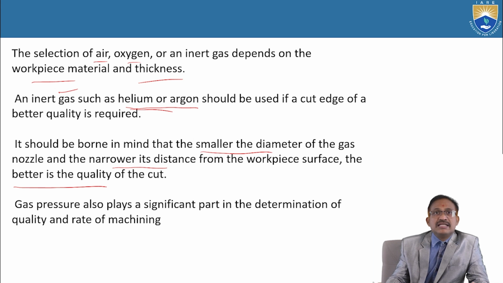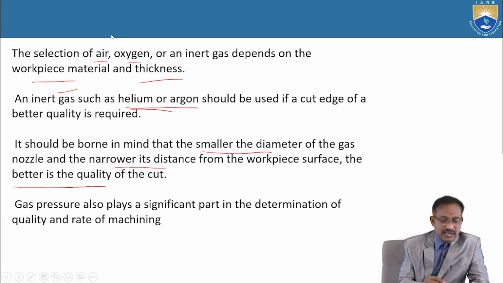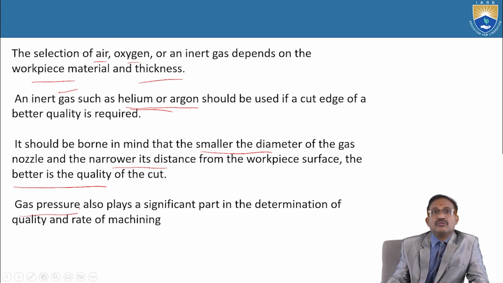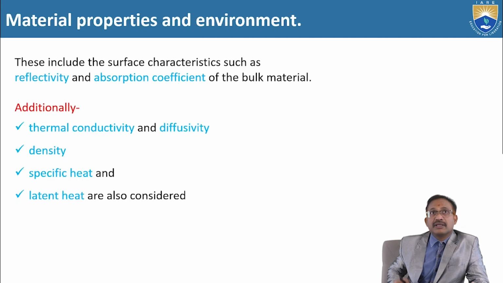Gas pressure also plays a significant part in determining the quality and rate of machining. Gas pressure is one of the important parameters affecting the quality of the drilled hole.